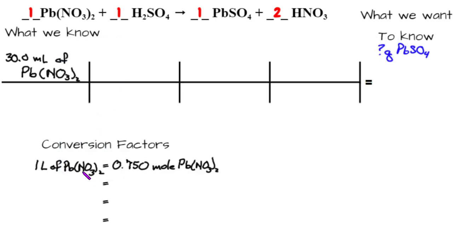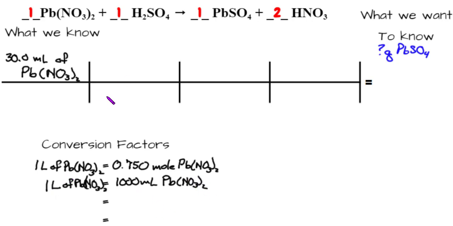So my very first conversion factor is in liters, but I have milliliters. So I can't match up those units yet, but I can go 1 liter of Pb(NO3)2 is equal to 1,000 milliliters of Pb(NO3)2.